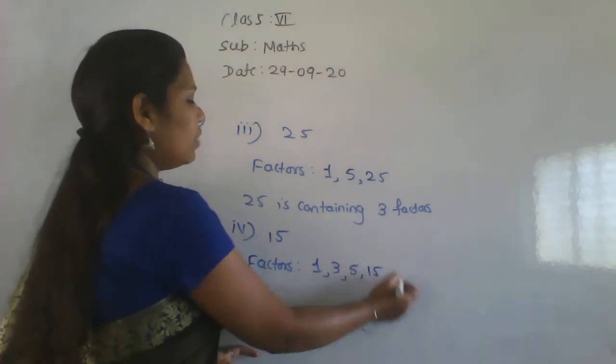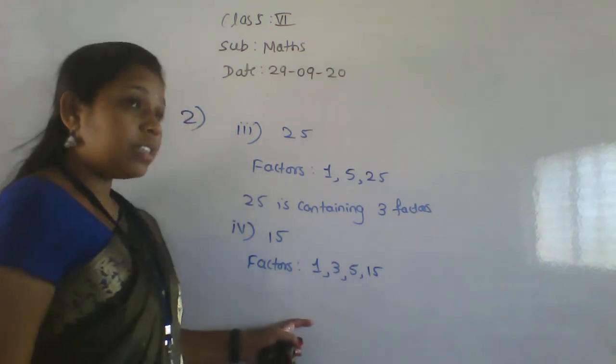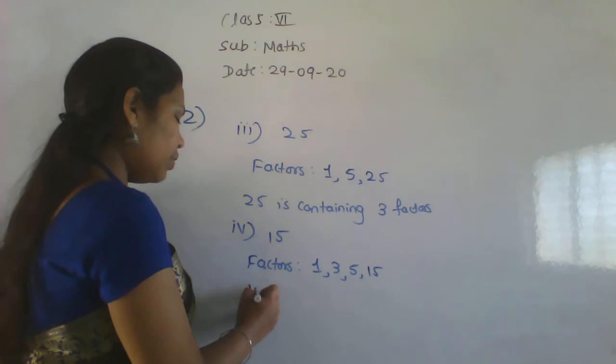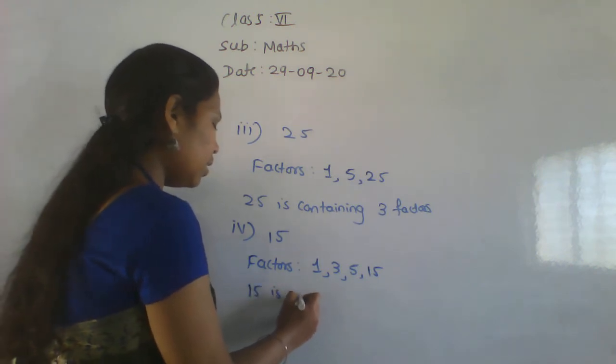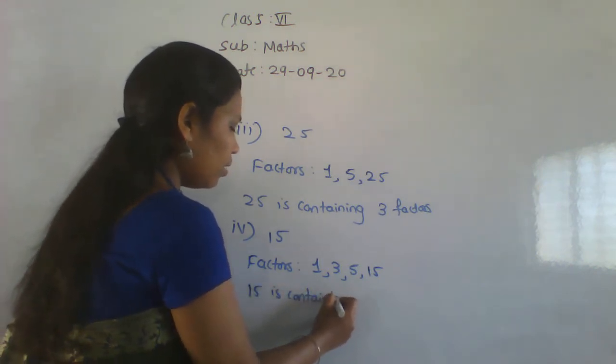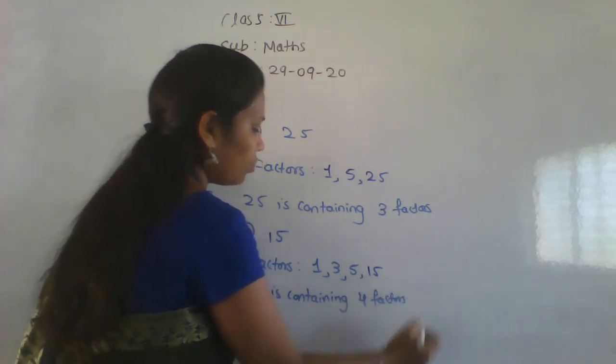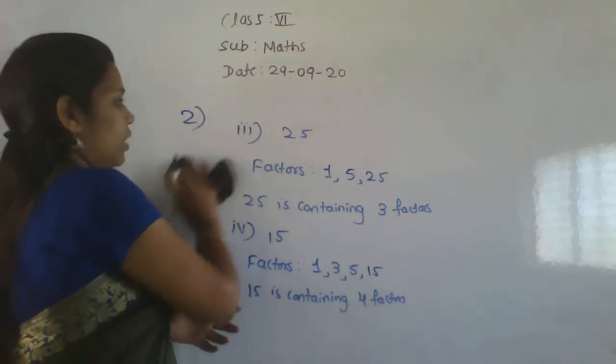After that 15 is a factor of itself. Means it is containing 4 factors. So write here 15 is containing 4 factors. Okay. Next after that.